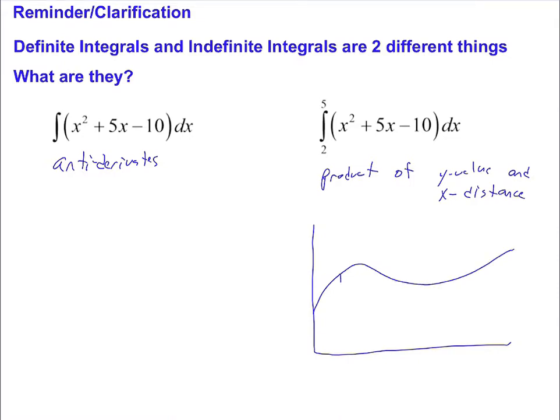And if I wanted to know the definite integral from a to b of whatever this function is, we'll call it f of x, it's the product of every y value times the overall x distance, but since the y value changes, it's a little bit complicated. What we did was we thought of that as the area of this whole shape here, and we thought of the definite integral as the signed area.